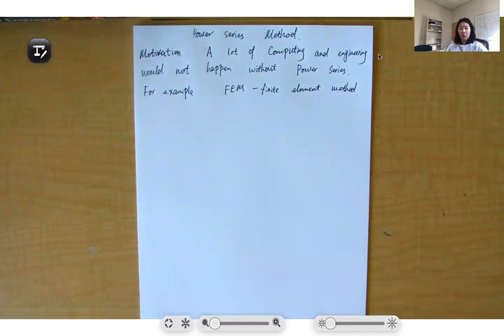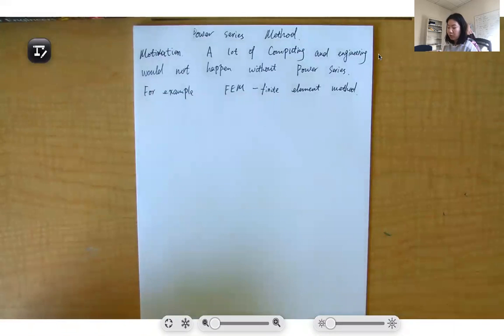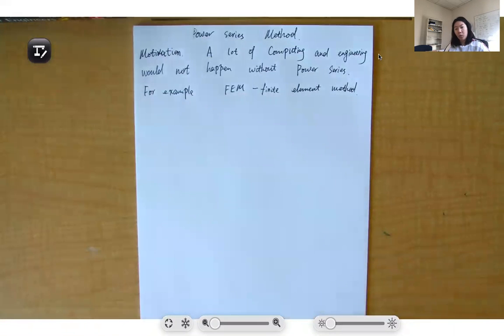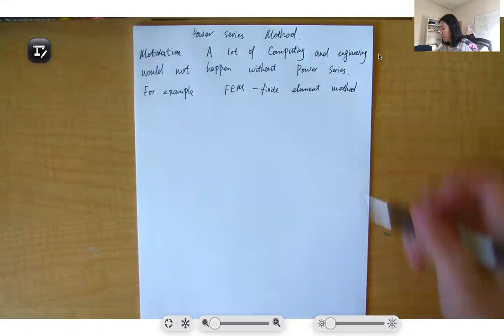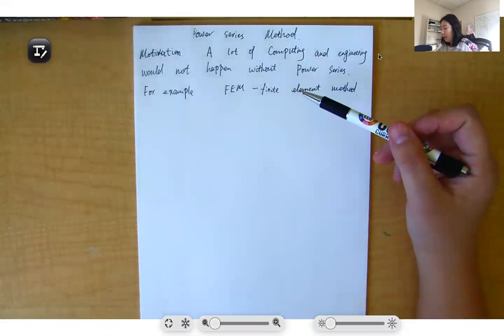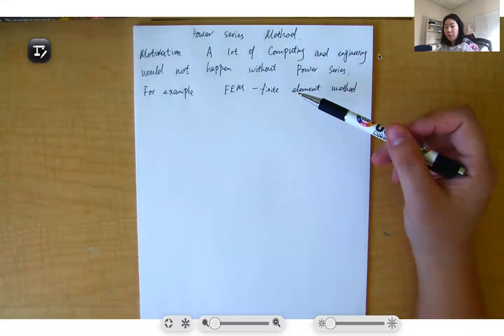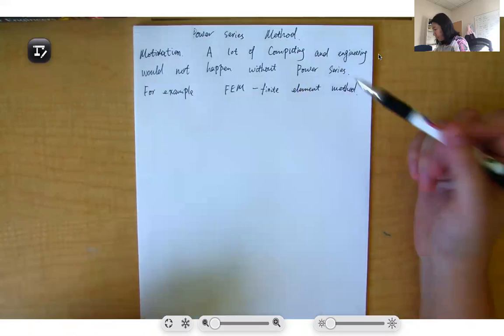Usually a big domain, the whole domain, will be subdivided into small domains. And within each small domain, they use power series such as polynomials to fit the physics. And if that is close to the true solution, then it is assembled to the whole domain. So the finite element method will use power series as one of the big bases of its solution set.